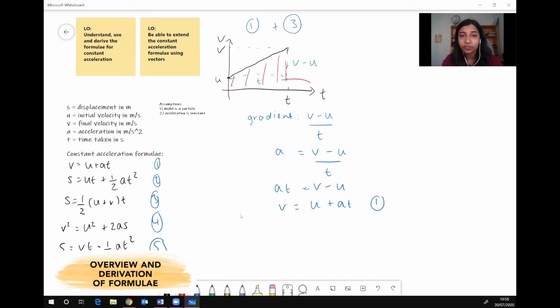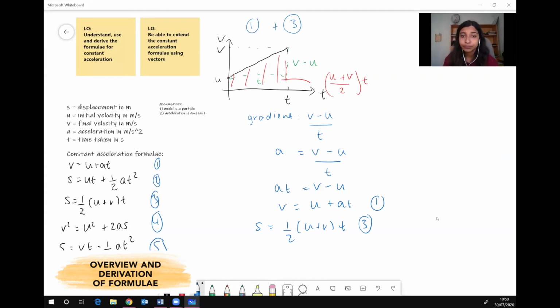The area of the trapezium is just one side, which is u, plus the other side v, all over 2, times your base, which is t. Because the area under the graph represents s, we can just say s is equal to half times (u plus v) t, and that's our equation number 3. So you derive this equation using the fact that the area under your velocity time graph is displacement.